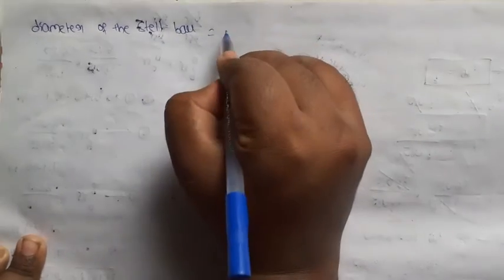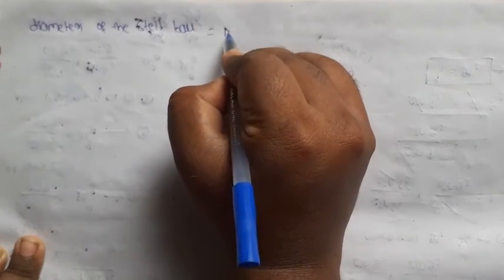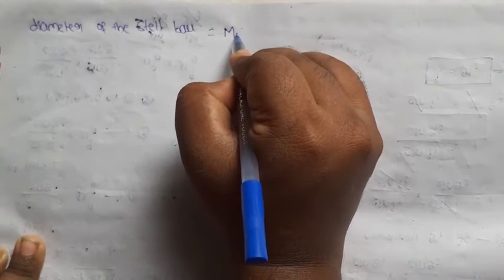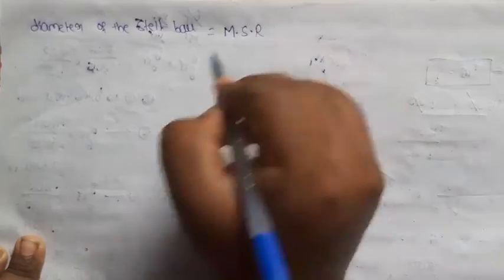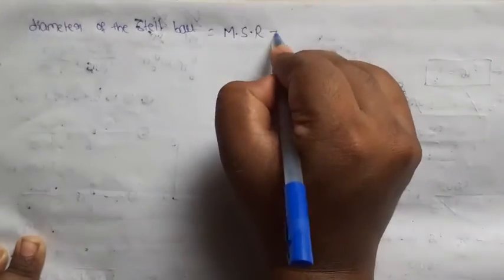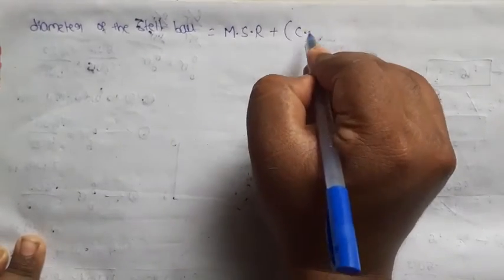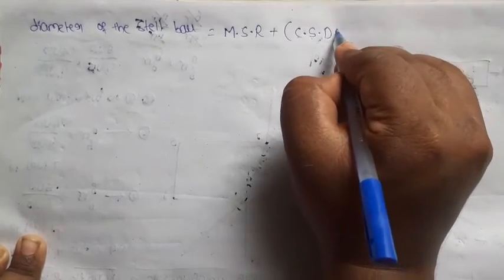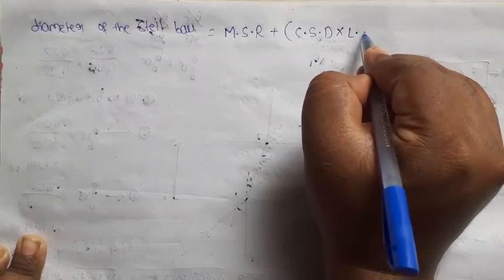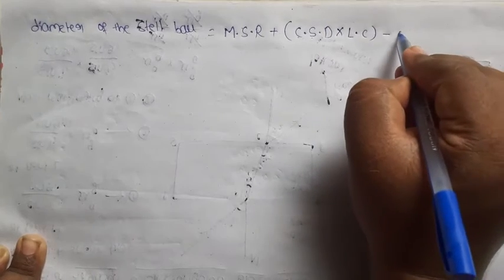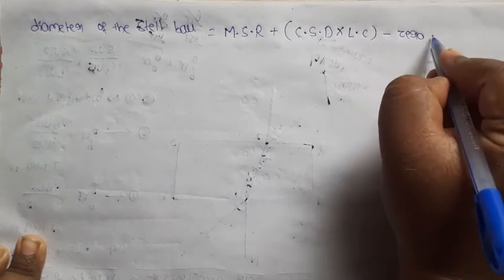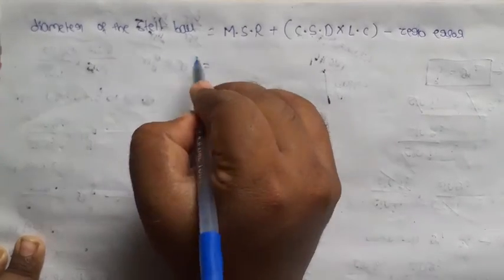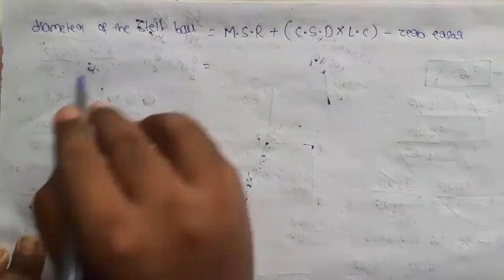So using that data I am going to find the diameter of the steel ball, which is MSR, main scale reading, plus CSD, the circular scale divisions, into least count, minus zero error of the screw gauge. This is the formula for finding the diameter of the steel ball.